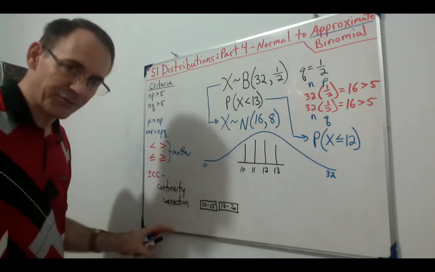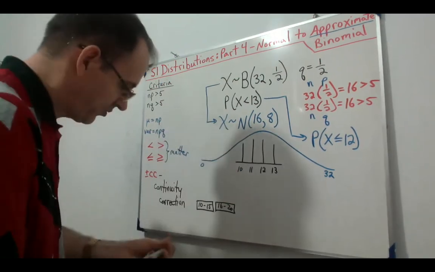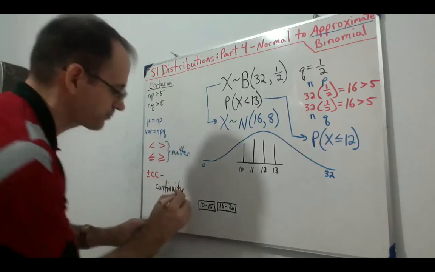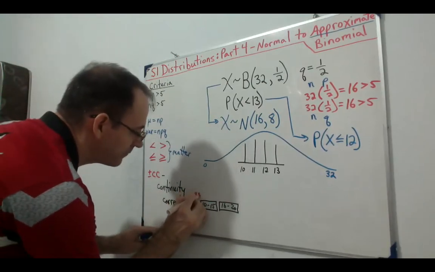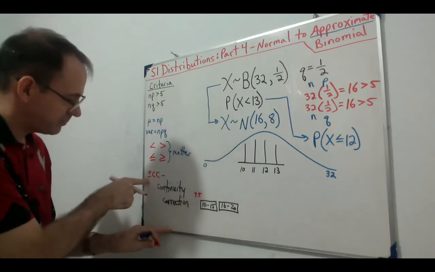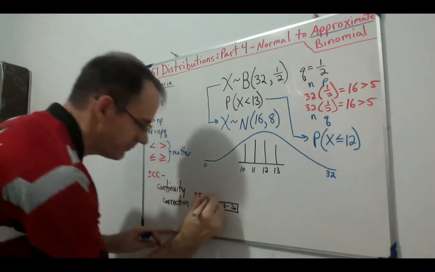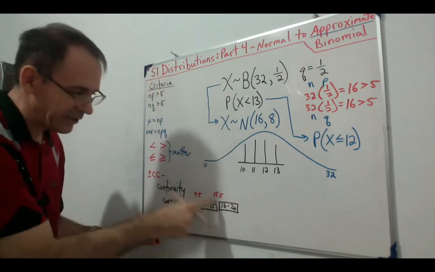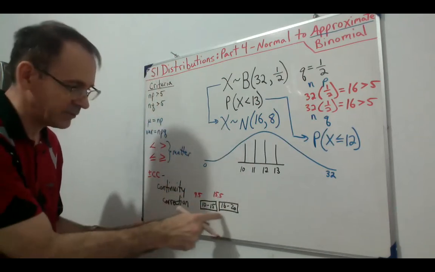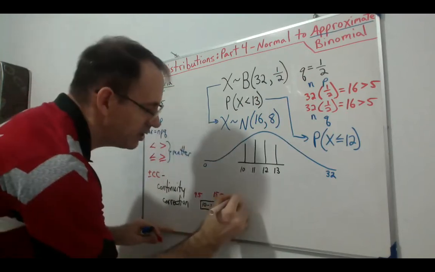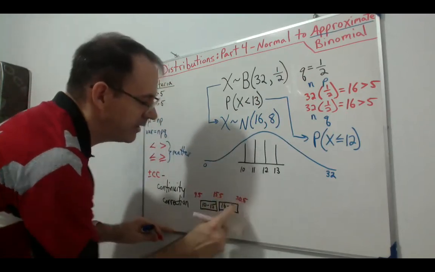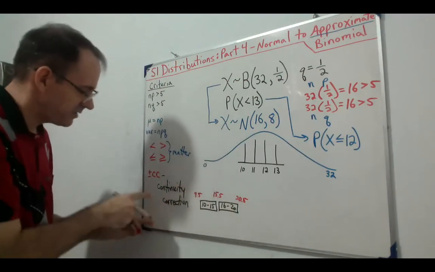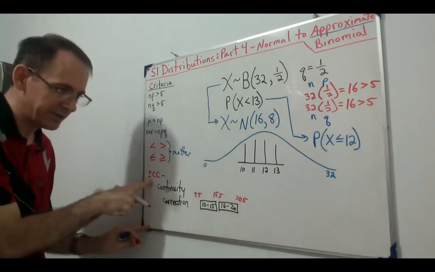There's no place for 15.5. And so you would do what's called a continuity correction. You would make this 9.5 over here, which is subtracting 0.5. You'd make this 15.5, which is either adding or subtracting 0.5, depending on which boundary you're coming from. And you would make this 20.5, which is adding 0.5 to the end. This is the same thing as your continuity correction.